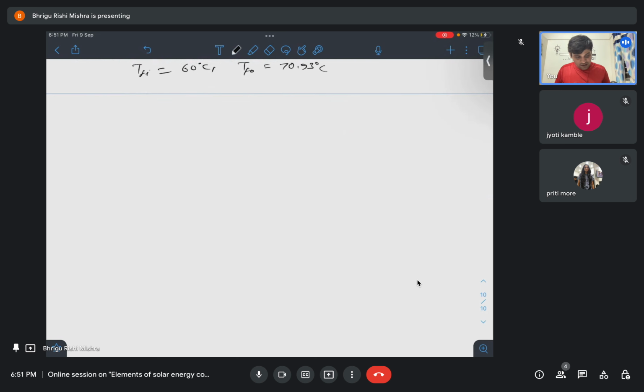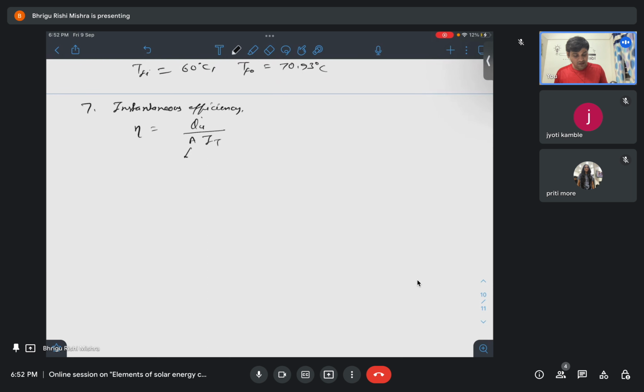Now the next one is instantaneous efficiency. Instantaneous efficiency is nothing but the useful heat gain divided by the total energy hitting on the surface.